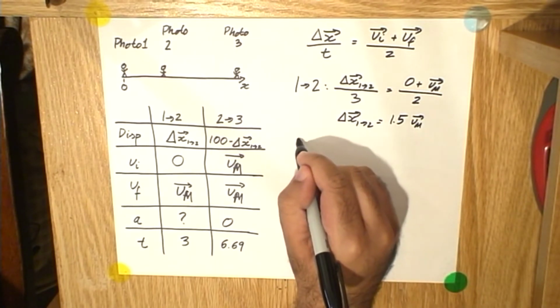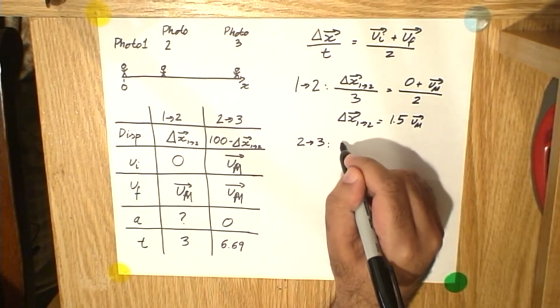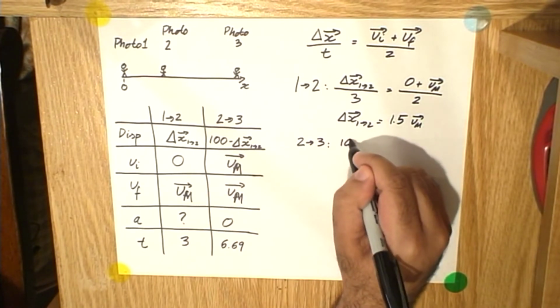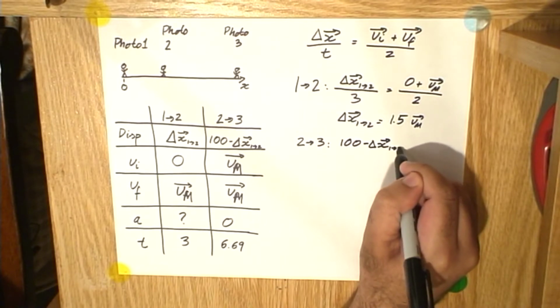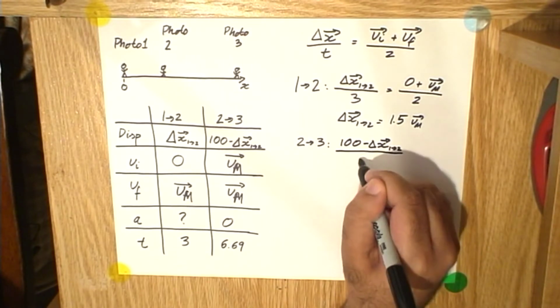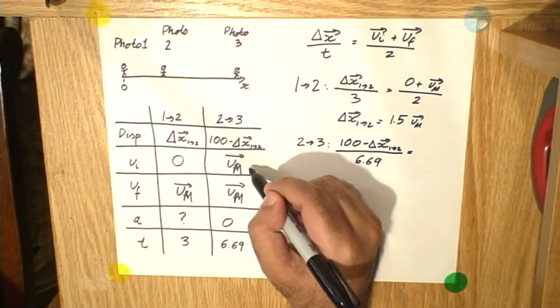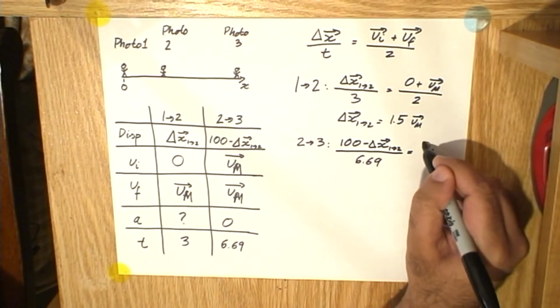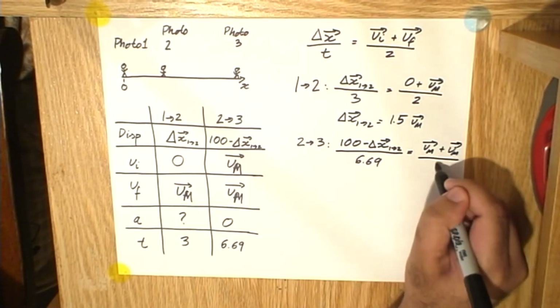What about from 2 to 3? From 2 to 3, we would say that the distance, or rather the displacement, that's 100 minus delta x 1 to 2, divided by the time, 6.69, is equal to initial velocity, that's V max, plus final velocity, which is also V max, divided by 2.